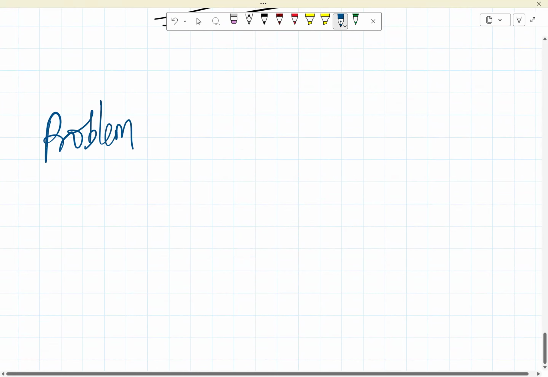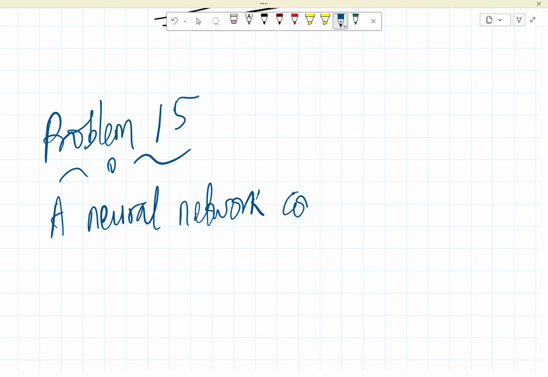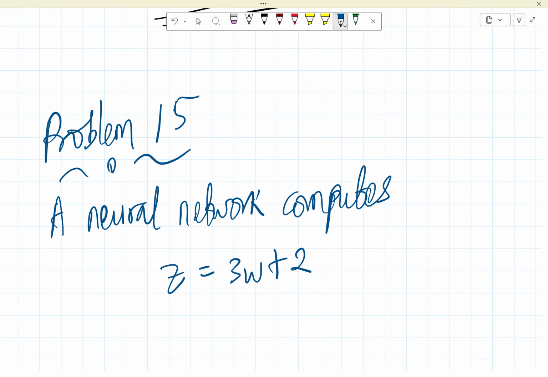So let's start with problem 15. A neural network computes Z equals 3W plus 2.